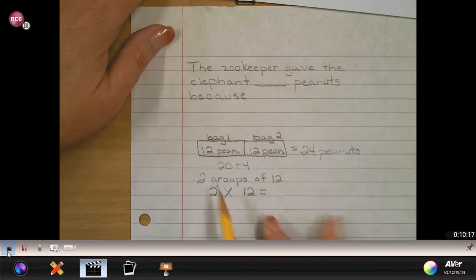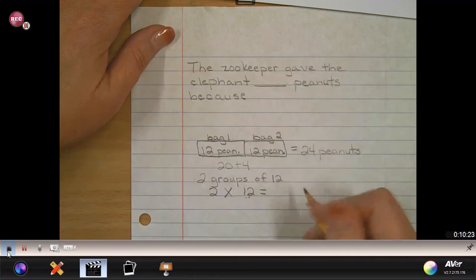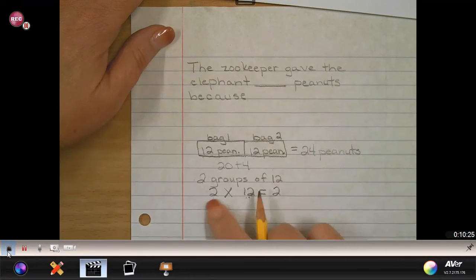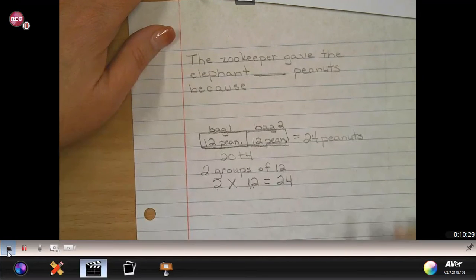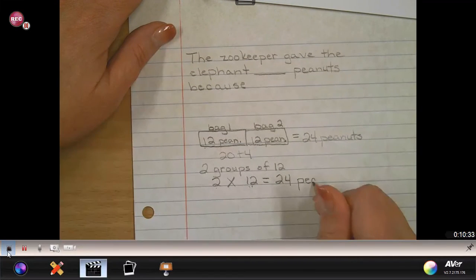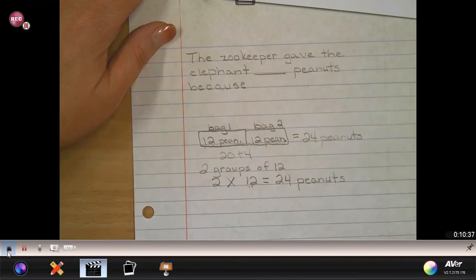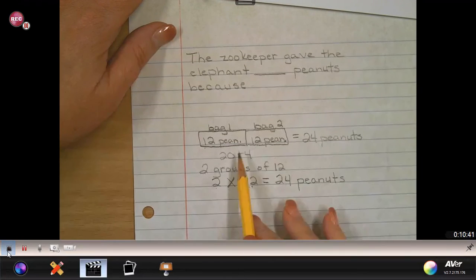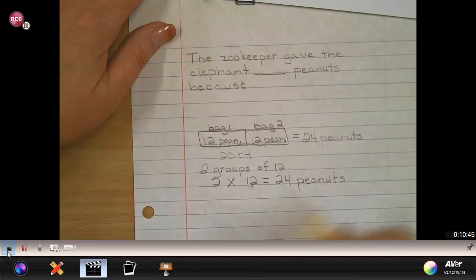And just like here, I've got 2 groups of 10 and 2 groups of 2. So 2 groups of 10 is 20, and 2 groups of 2 is 4. So when I go to solve using multiplication, I'm using the same idea of groups, equal groups. Make sure we say equal groups. So now I can choose one of these strategies and come up here and talk about how I solved it.